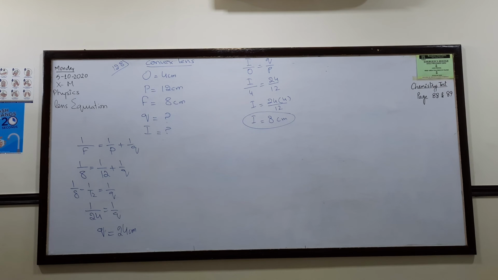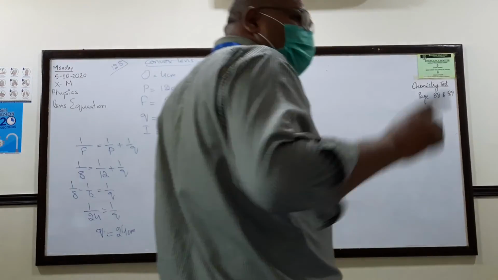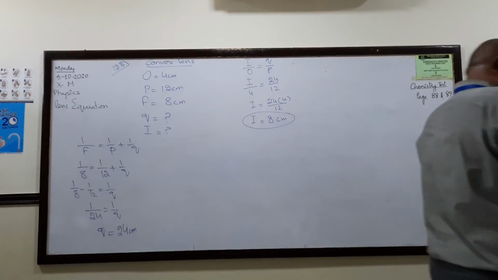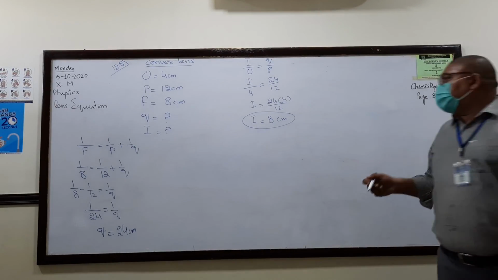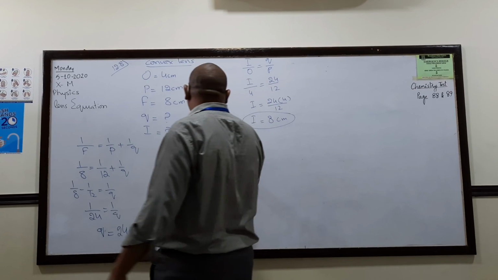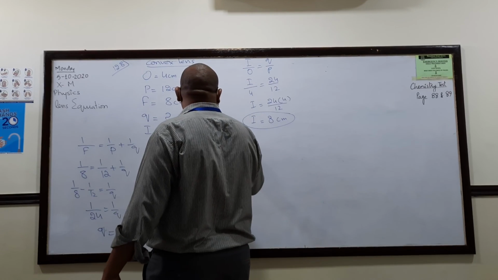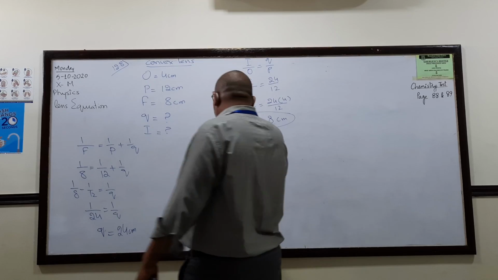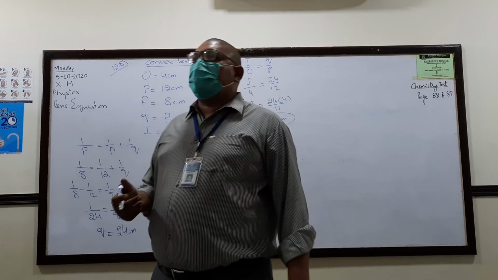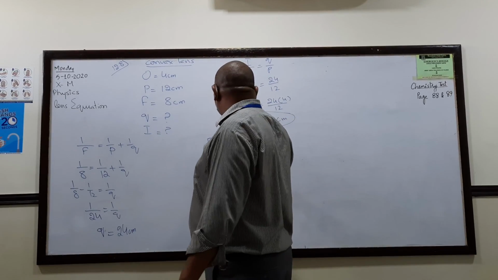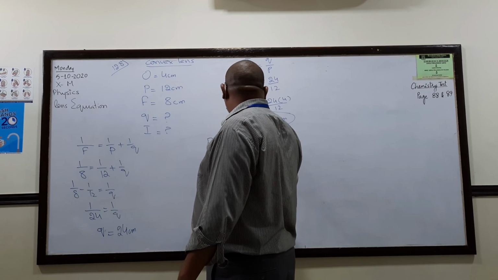And the distance of the image from the optical center of the convex lens will be 24 centimeter. Because the Q value is positive, it means the image formed will be real. Another thing, when the image formed is real, the image is inverted and magnified.